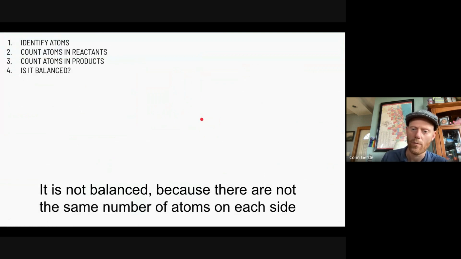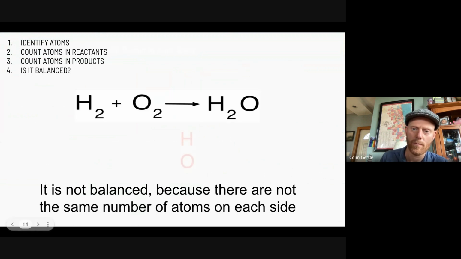All right. We are going to take a look at another example here. Is this balanced? Well, we'll follow our steps. First, we will identify our atoms. We have hydrogens and oxygens. Then we will count the atoms in the reactants.